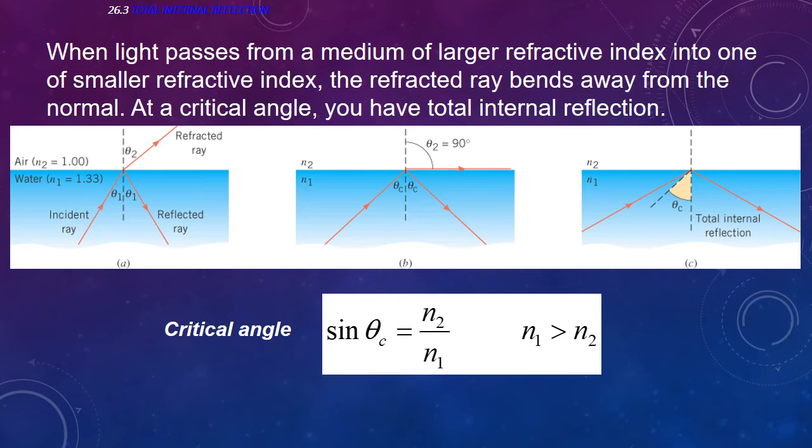The sine of that critical angle will equal the ratio of these indices of refraction. See how useful these indices of refraction are? The sine of the angle is equal to the index of refraction of the surface you're going into divided by the surface you're coming out of. So you want that sine theta c. Notice how this will only work if n2 is smaller than n1, so you have to be bending away from the normal. If you go the other way, you're not going to get a critical angle at all.